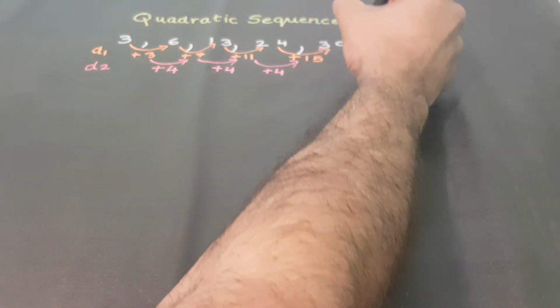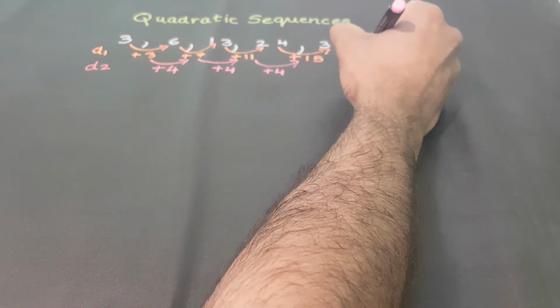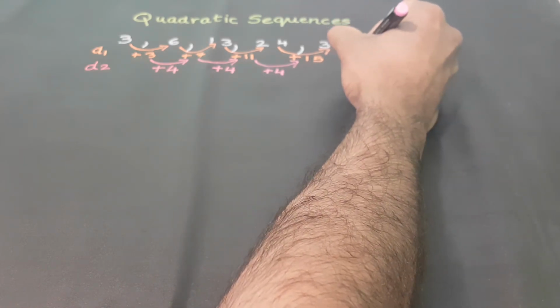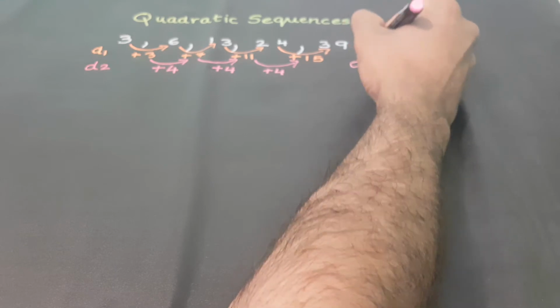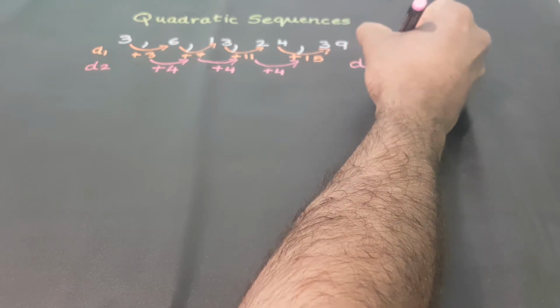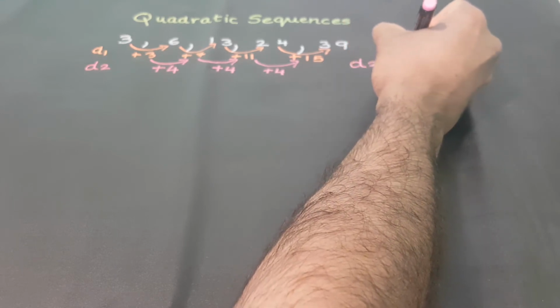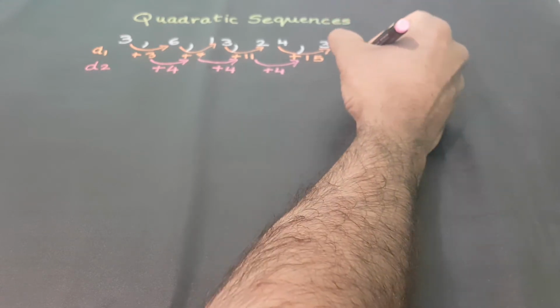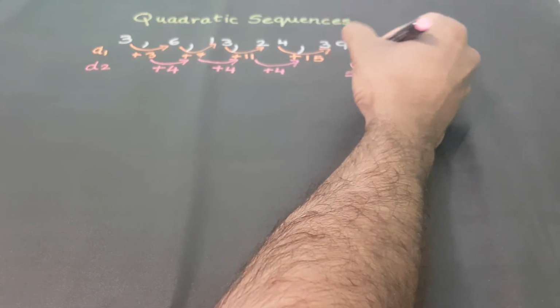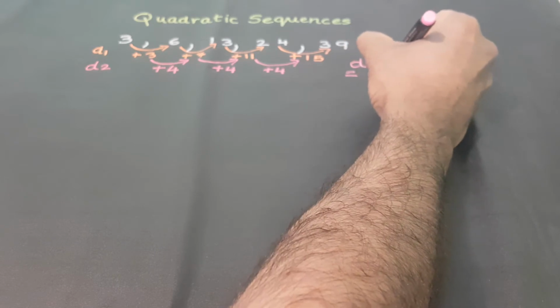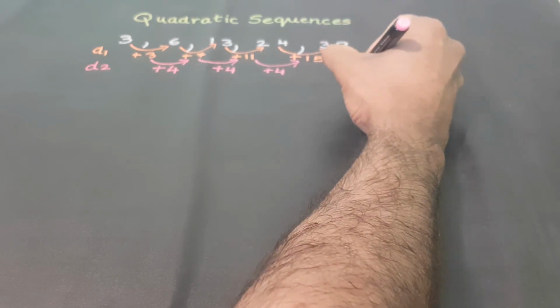The next thing I need to do is, this is the most important step I think in this whole process. If we miss this out, we'll end up not being able to find the nth term correctly. So I need to divide my second difference by 2. This is 4 divided by 2, which is 2.